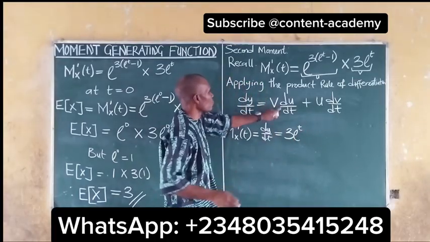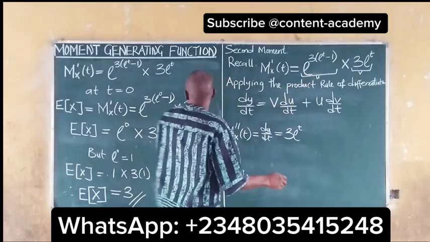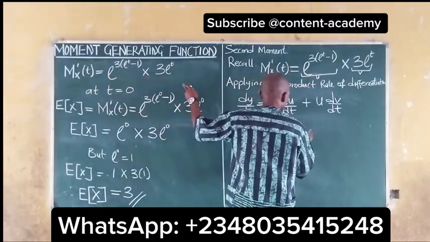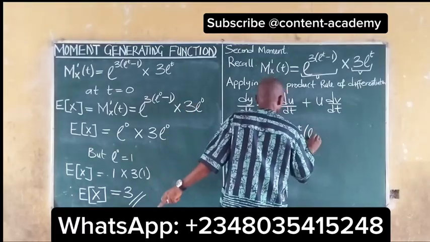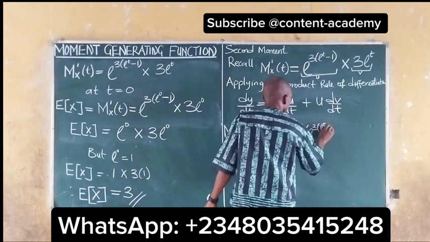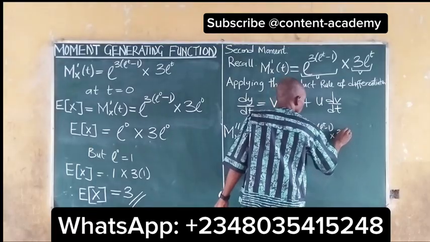Now we differentiate du/dt. We have differentiated this before, and this is what we got, multiplied by exponential 3(e^t - 1) multiplied by 3e^t.